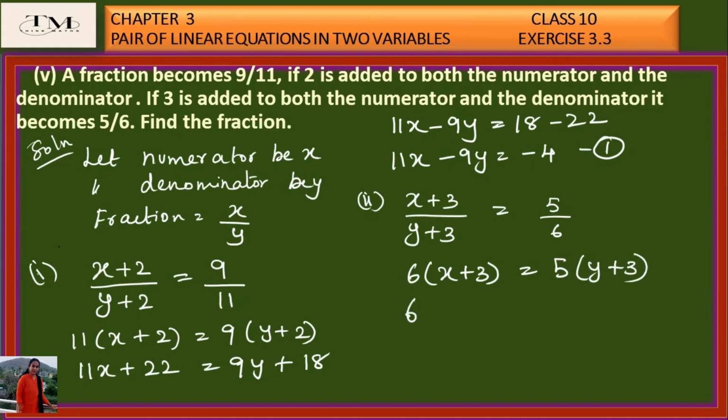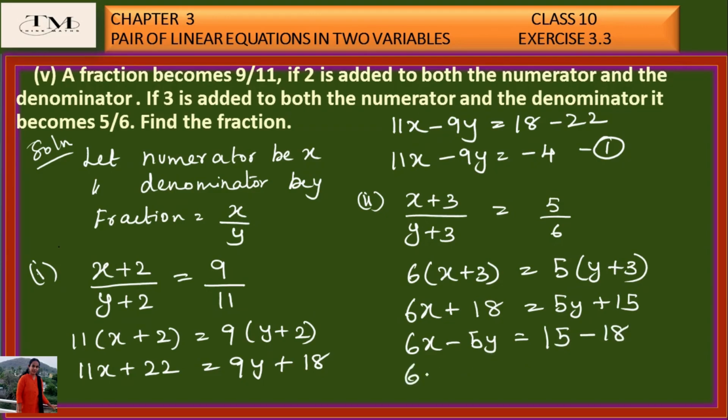So 6x plus 18 equals 5y plus 15, so 6x minus 5y equals 15 minus 18, which is minus 3. So these are the two equations we got.